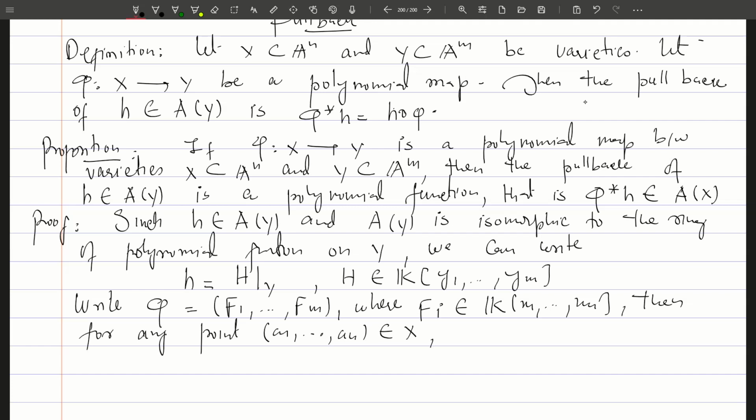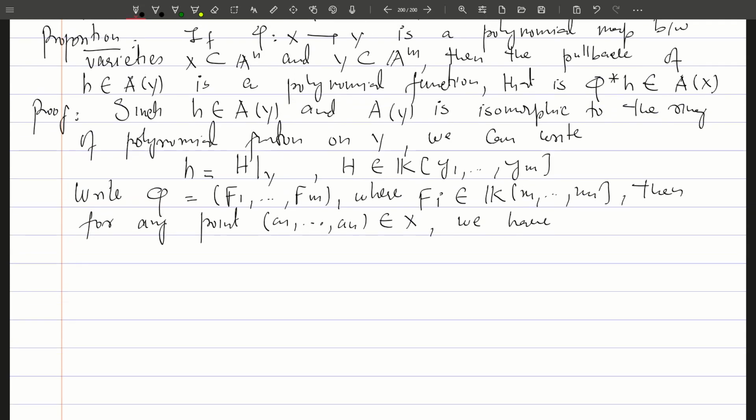we can write phi star of h of this point a1 up to an. So we can write this as h of phi of a1 up to an.